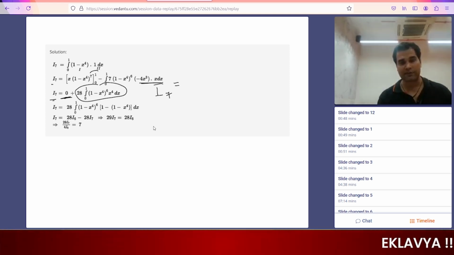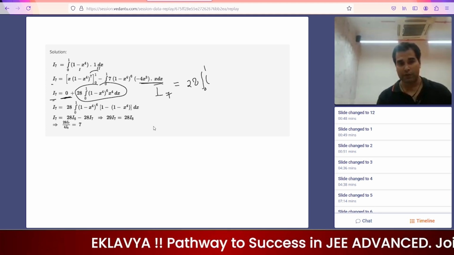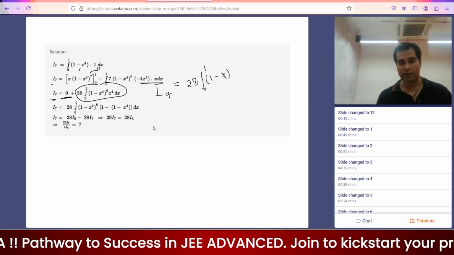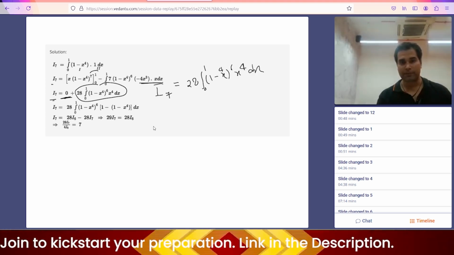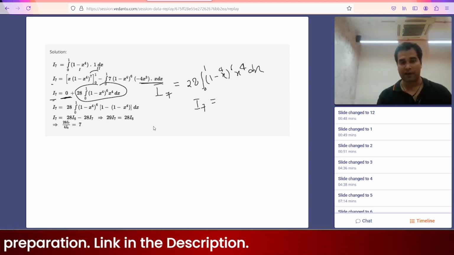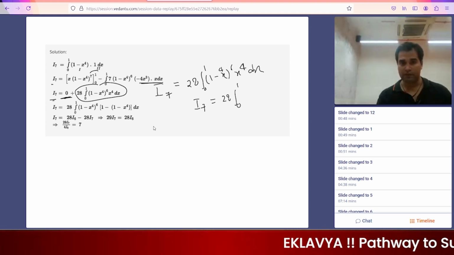So I7 equals 28 times the integral from 0 to 1 of (1 minus x to the power 4) whole power 6 into x to the power 4 dx.